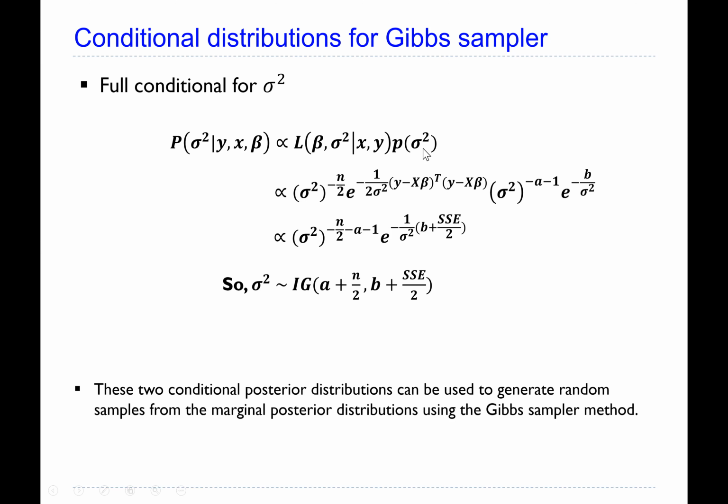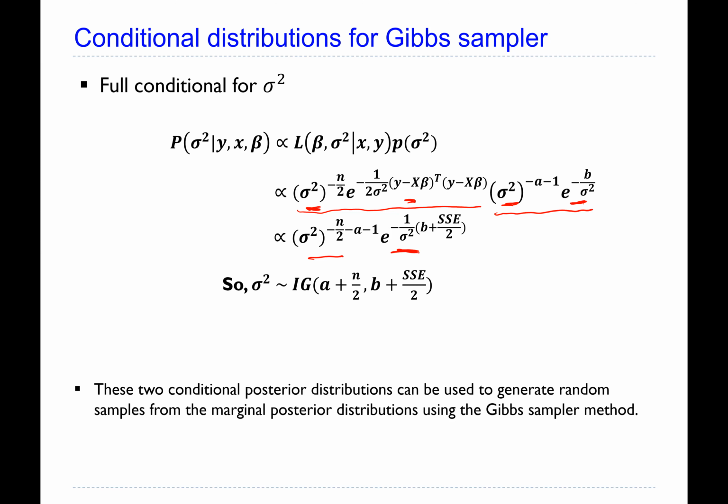When you multiply the prior distribution of sigma square, which is inverse gamma, I use only the kernel of the inverse gamma. So when you multiply the likelihood by the kernel of the inverse gamma, this one with this one gave me this one. And this one with this one gave me this one.